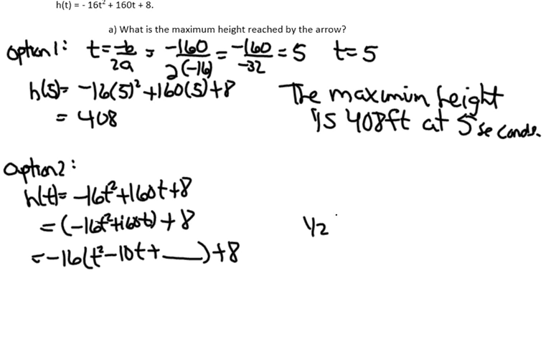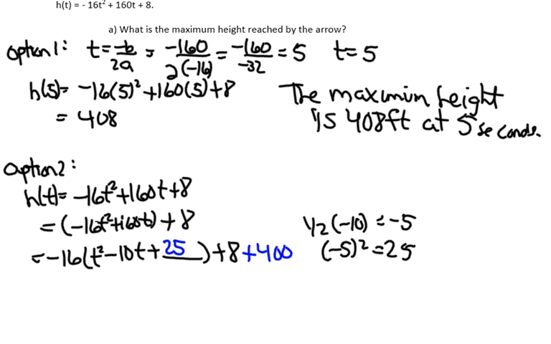Well, you take half of negative 10 and square it. Now, it's going to be 25 on the inside, but on the outside, negative 16 times 25 is negative 400, so I'm going to be adding 400 to the outside. Okay. So that is going to be rewritten as t minus 5 squared plus 408.